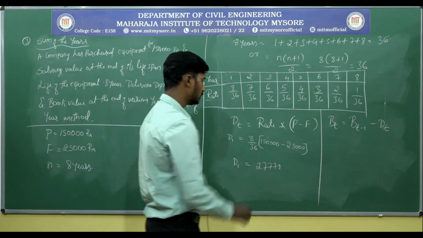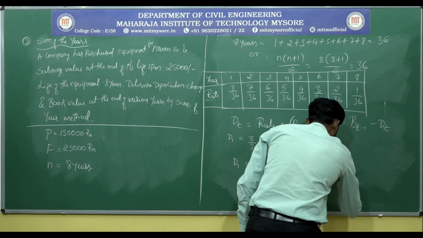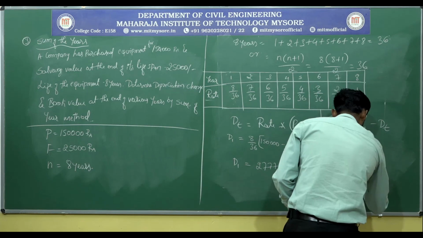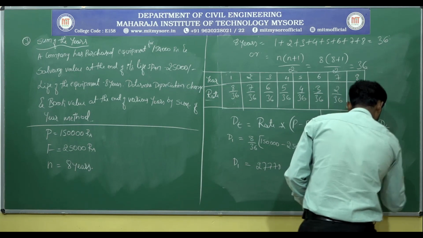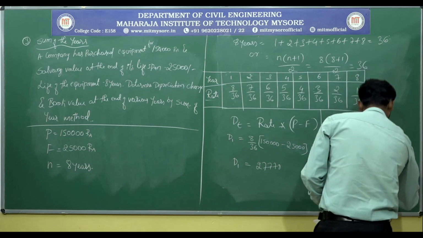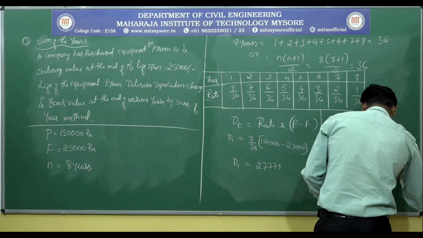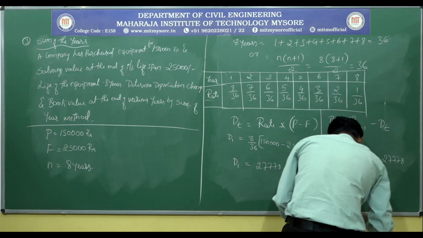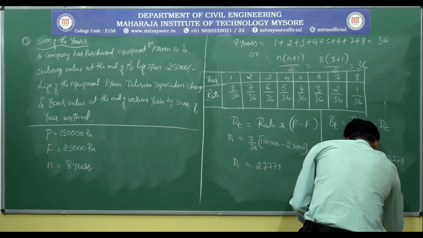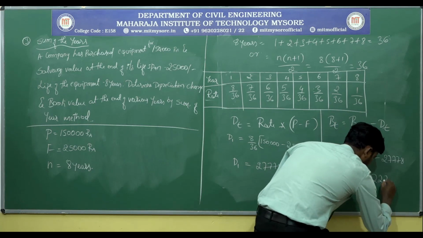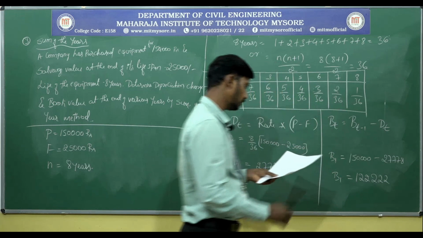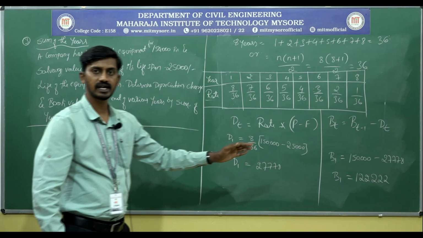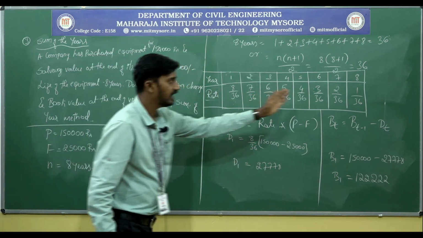If you calculate book value for the first year, previous year it was 1,50,000 minus 27,778 will give us B1 equal to 1,22,222. So this is how the depreciation and book value will be calculated for the whole 8 years.